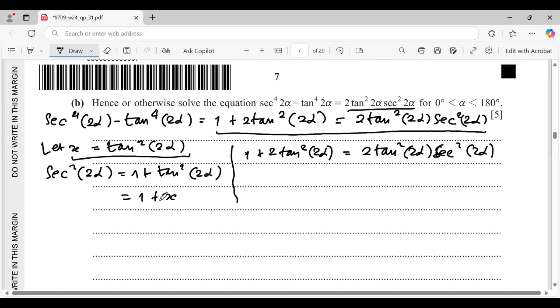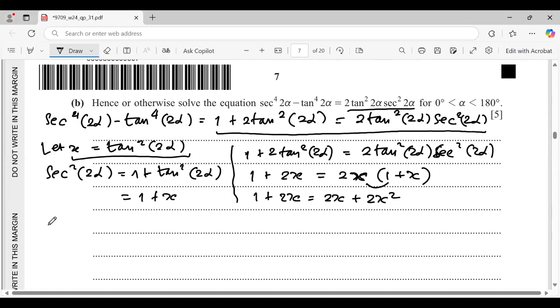Based on this information, we can write 1 plus 2x equals 2x times 1 plus x. So it becomes 1 plus 2x equals 2x times 1, 2x, plus 2x squared.